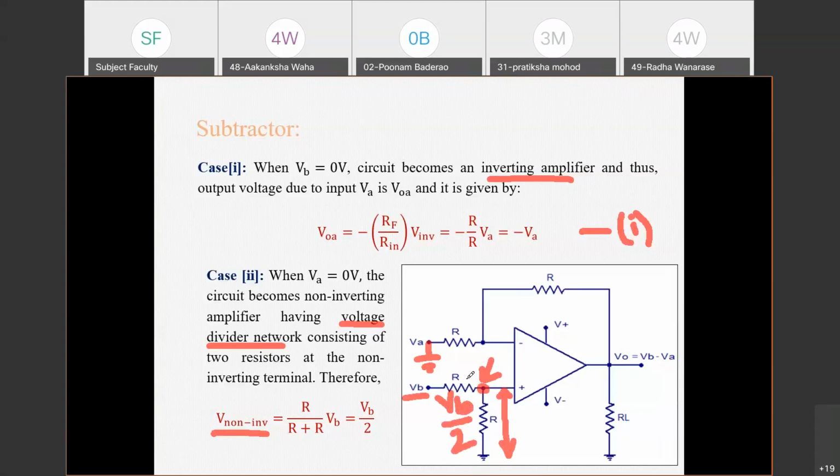So half the voltage will be dropped across this R and half across the other R.